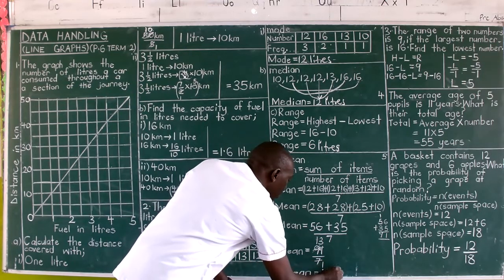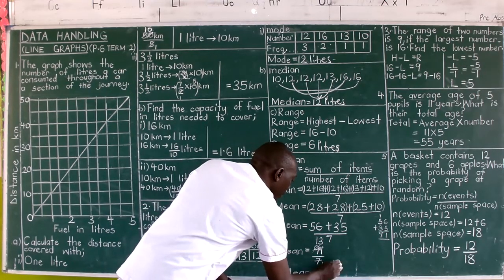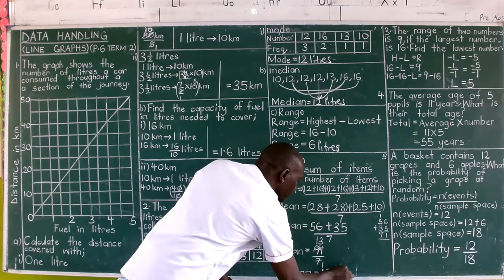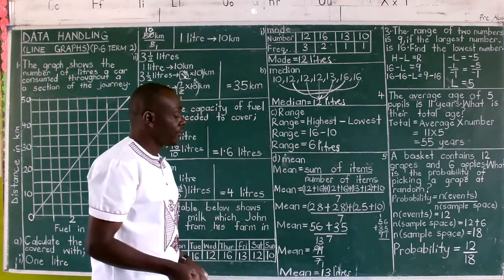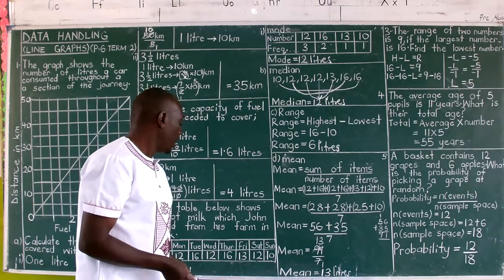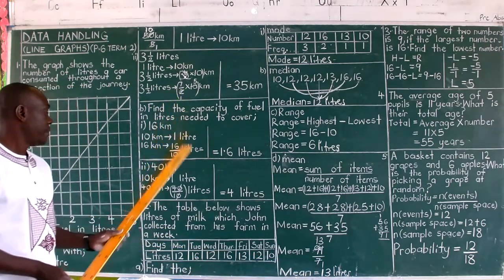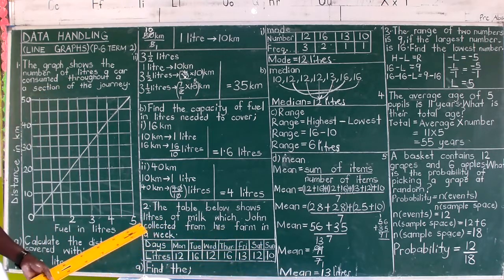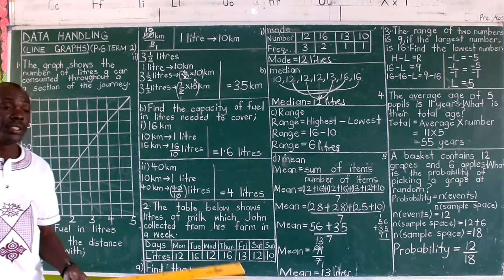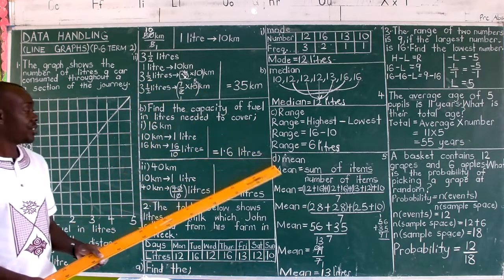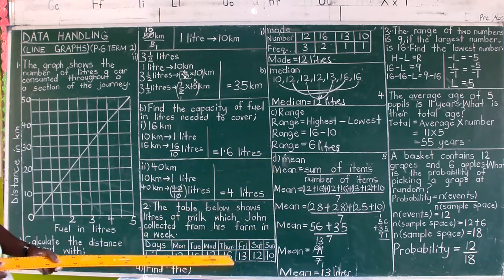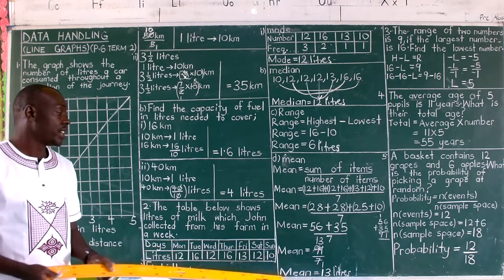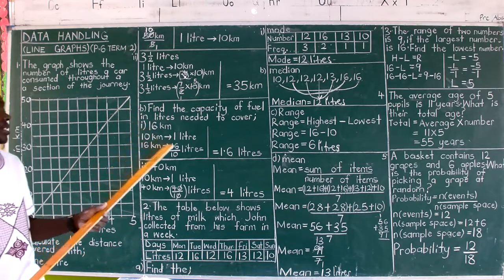If you want to put the liters, so the mean collection, that is if every day the collection was the same, this man, John, would collect 13 liters daily. So that is the mean collection. So mean assumes equal share. Assuming each of the days listed here had the same collection of liters, how many liters would they be?